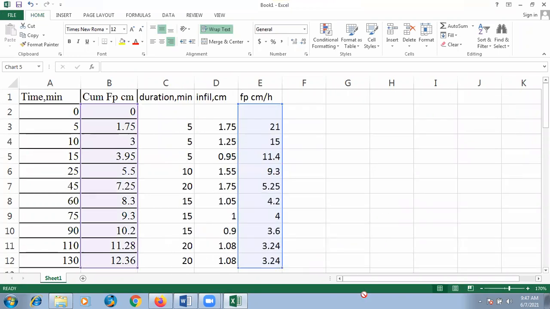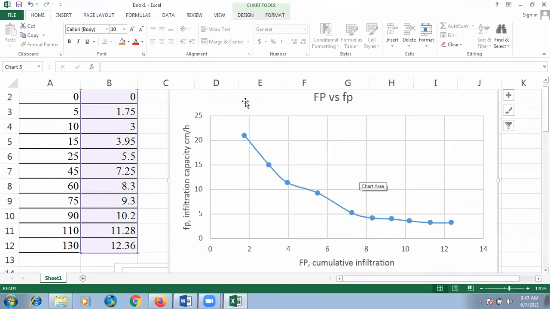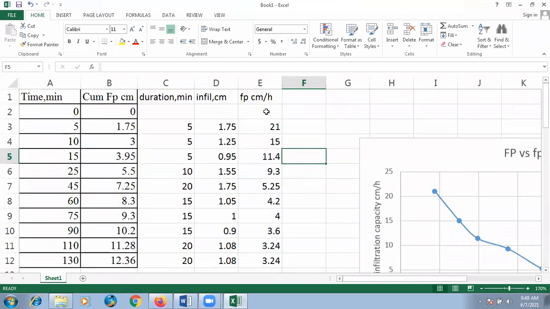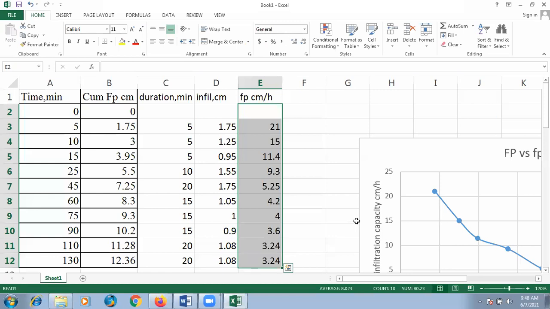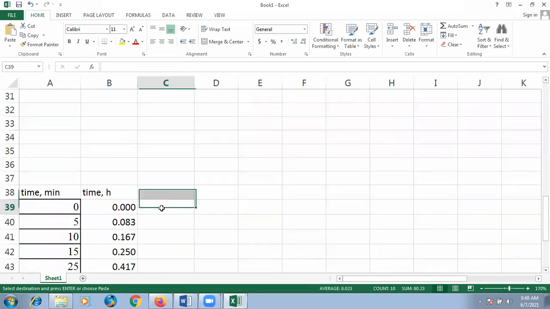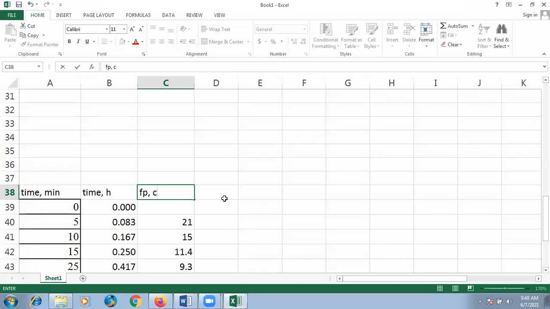See here, we have already calculated that value. The fp values are calculated here. I will take these fp values as they are. These are fp values in centimeter per hour.